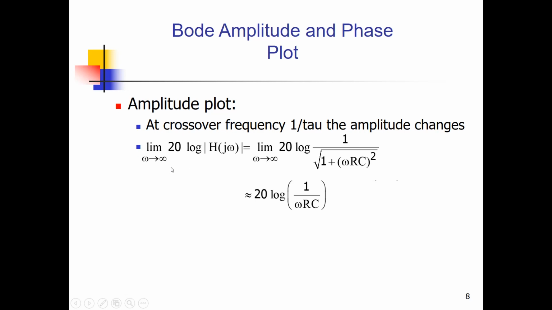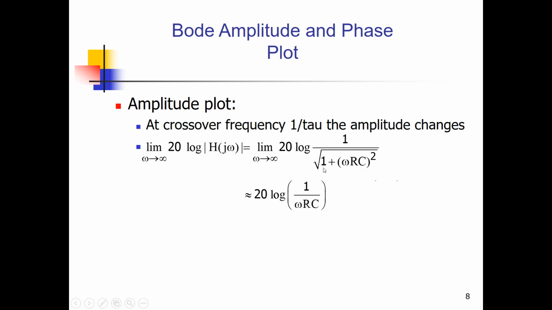When omega tends to go to infinity, this was my expression for the amplitude: 20 times the log of 1 over the square root of 1 squared plus omega times RC squared. When omega goes to a very high number, we can neglect the 1, because the other part will be much higher.